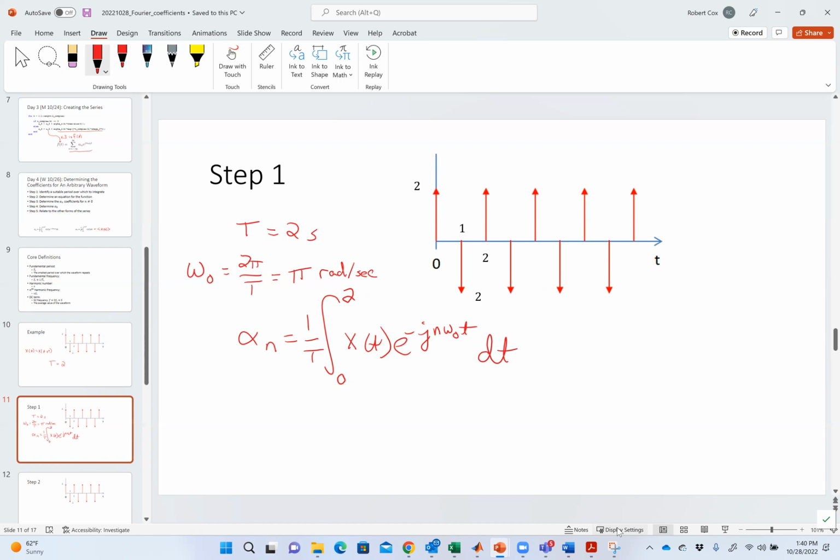So what I'm going to do is integrate from here to here. Basically I'm going to go from 0.5 to 2.5. Actually, no, I'm not going to do that, because that's not the way I did it in my MATLAB. I'm going to do it from negative 0.5 to 1.5.